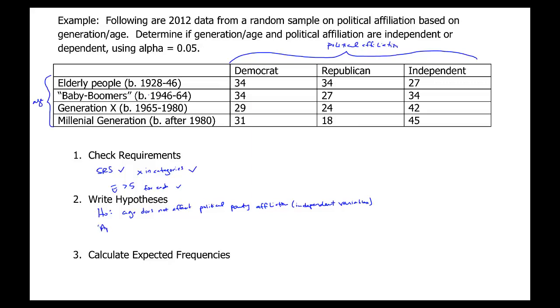And for the alternative, we would say that age does affect political party preference. And that would mean that they are dependent variables. And for any test of independence you do, that will be the standard format for your hypotheses.